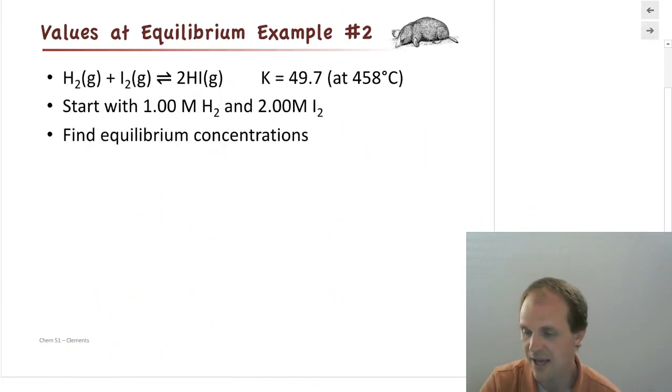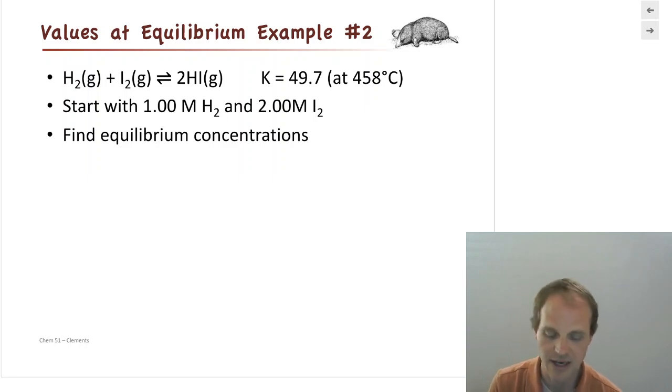Let's go ahead and do a second example. Here we've got H2 and I2 forming 2HI. We've got a K value of 49.7 at 458 degrees Celsius. We're going to start with 1 molar H2 and 2 molar I2. So you can already see that we're probably not going to get that square thing in there to help us along. We're going to find our equilibrium concentrations.